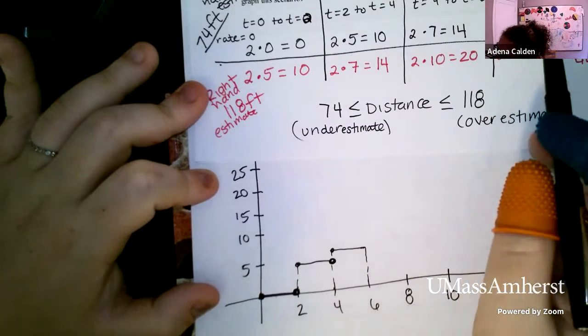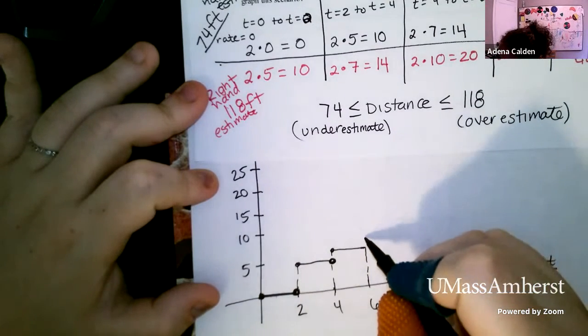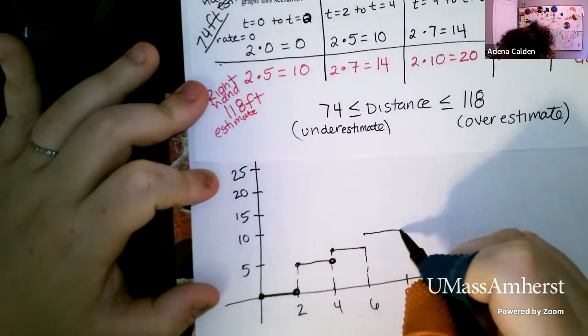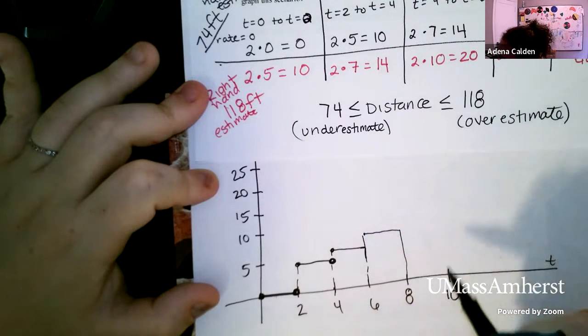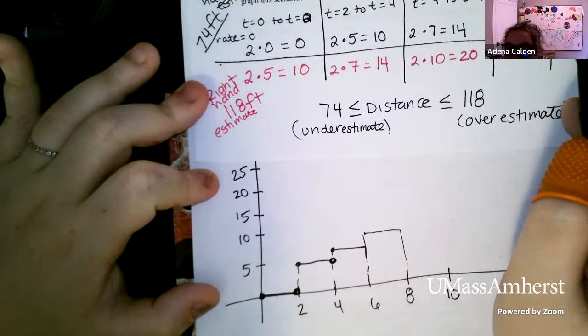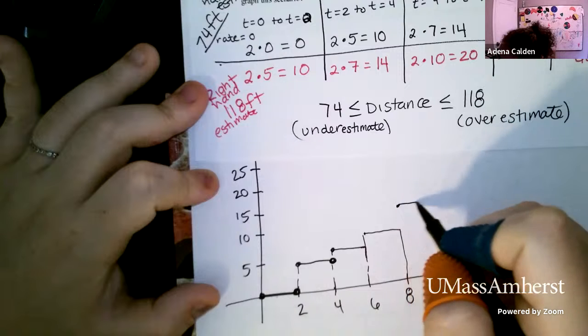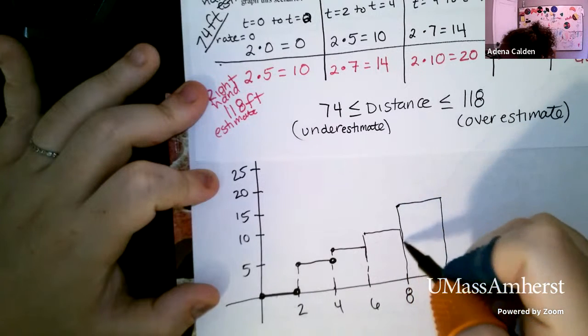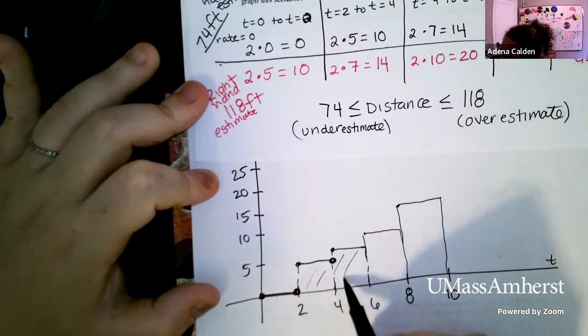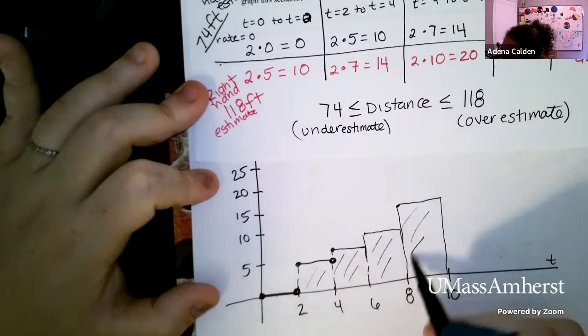So from time 6 to time 8, we're going to be up here at 10. And then time 8 to time 10, we picked a rate of 15 as a left-hand approximation. And again, these areas are what we added up here.